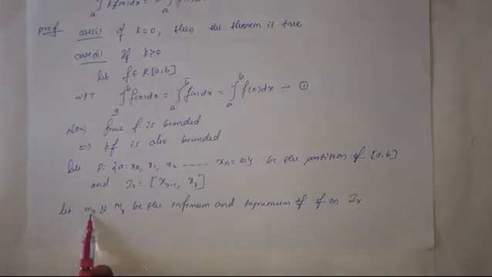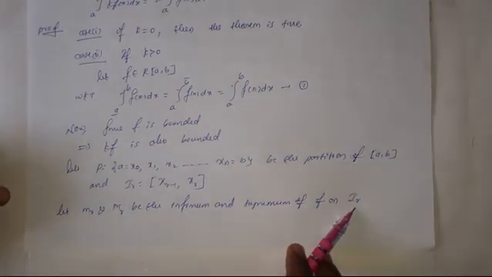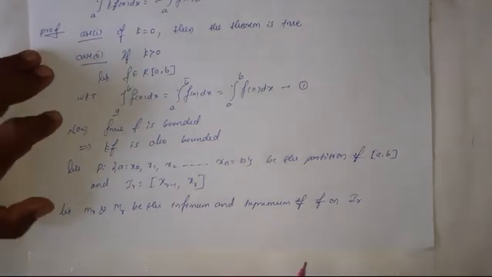Small mr is the infimum and capital Mr is the supremum of the function f on the rth subinterval Ir.